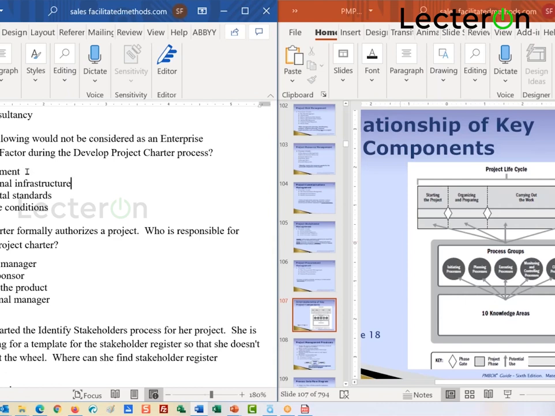EEFs are things that are around, either within the organization, very closely tied to your project, or greater out there. So the answer to that is A. I'm going to review these EEFs and OPAs a little bit more as we go through, because we need to understand what is an EEF and what is an OPA. And I think if we remember that chart, remember I told you to look at that chart.